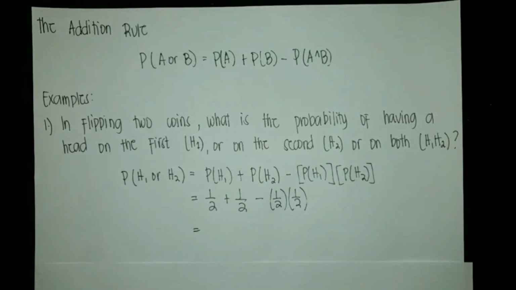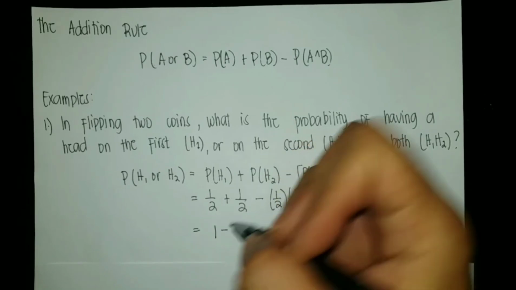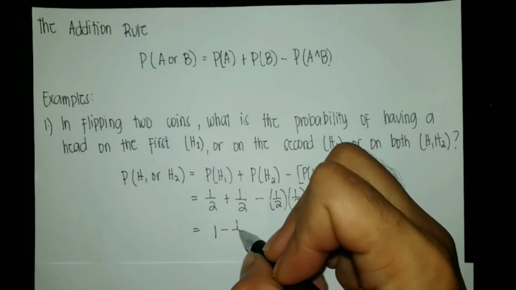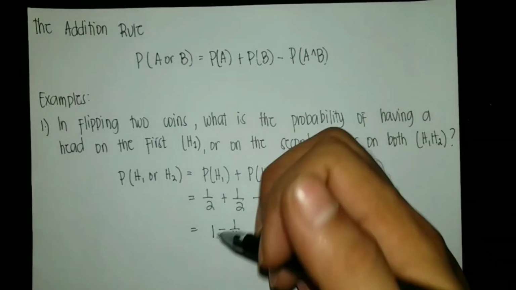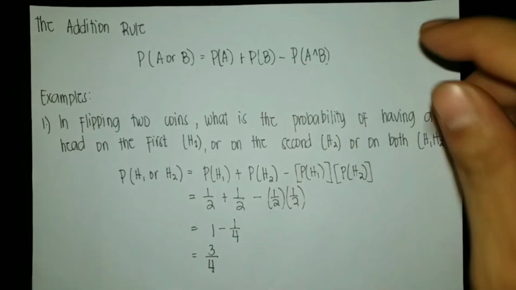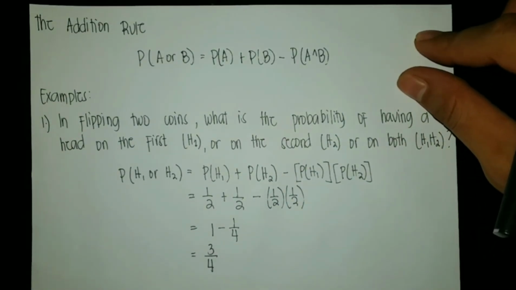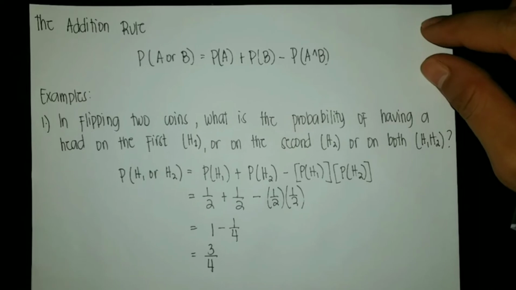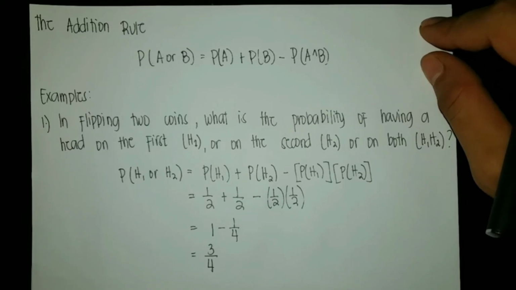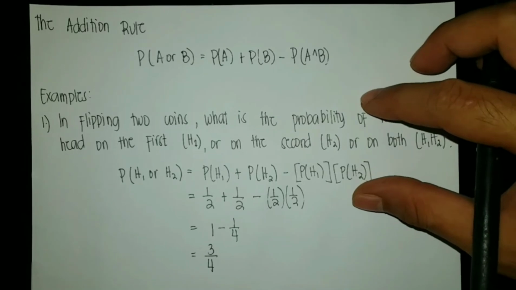Simplifying it further, 1/2 plus 1/2 will be equal to 1, minus 1/2 times 1/2, which is 1/4. So 1 minus 1/4 is equal to 3/4. Therefore, the probability of having a head on the first or head on the second or both heads in flipping two coins will be 3/4.